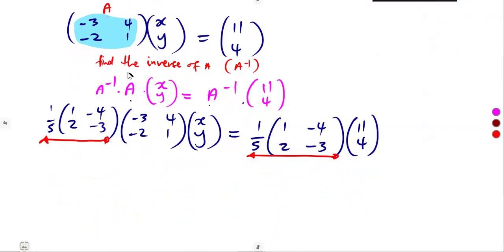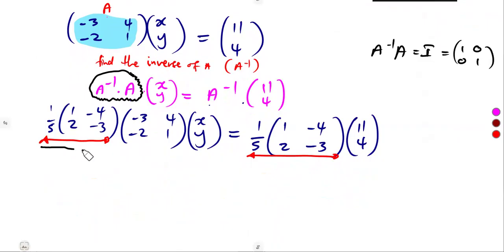We do understand that an inverse of a 2 by 2 matrix when multiplied by its original matrix gives us an identity matrix, [1, 0; 0, 1]. So here we are not going to waste our time multiplying these two. It's a waste of time.